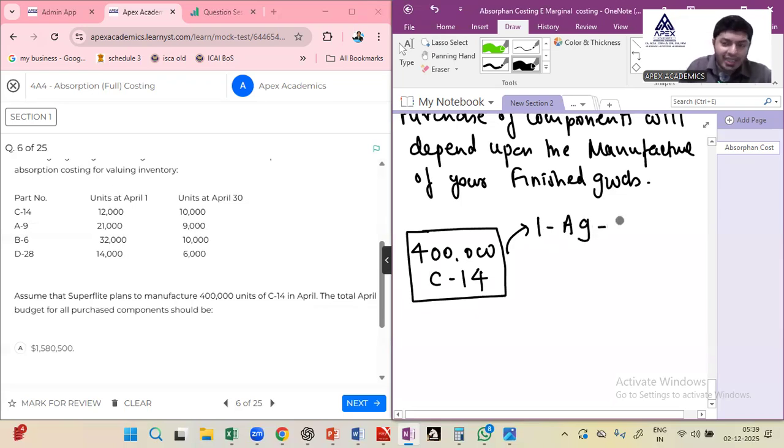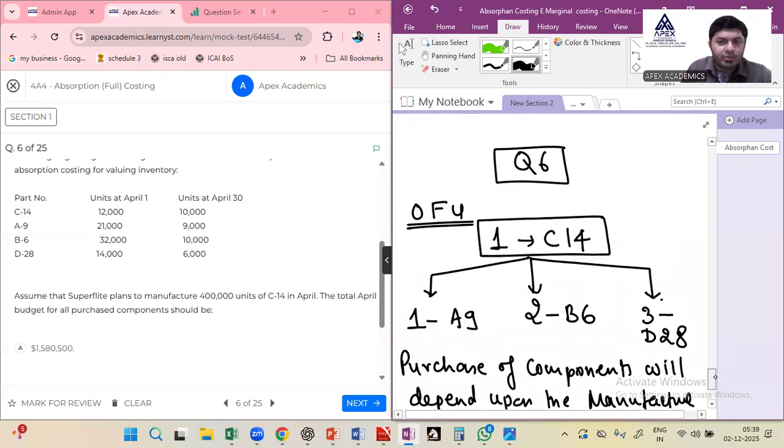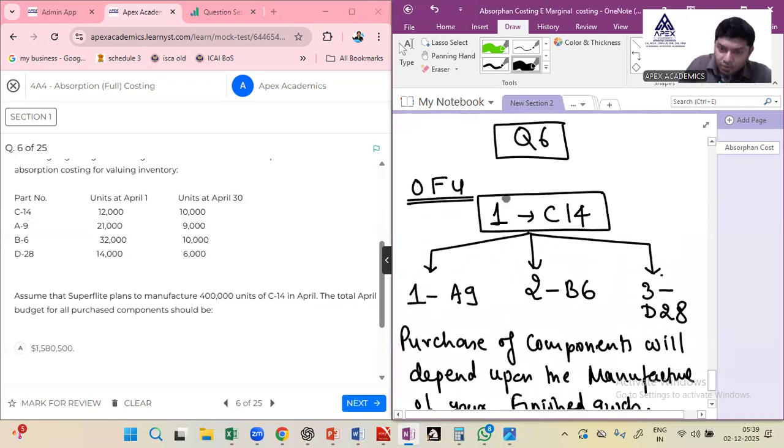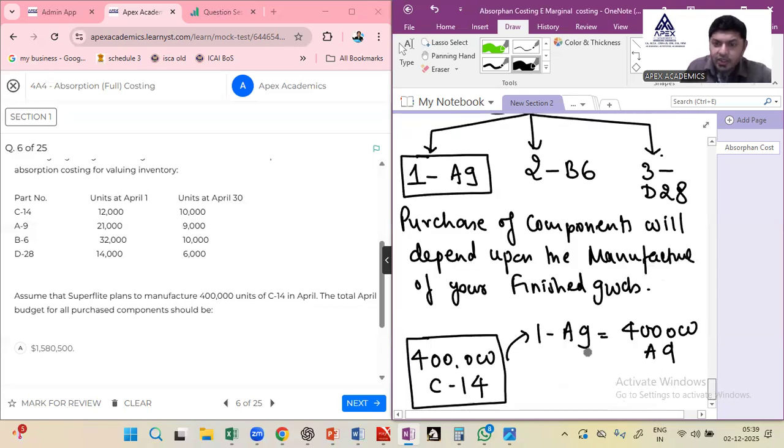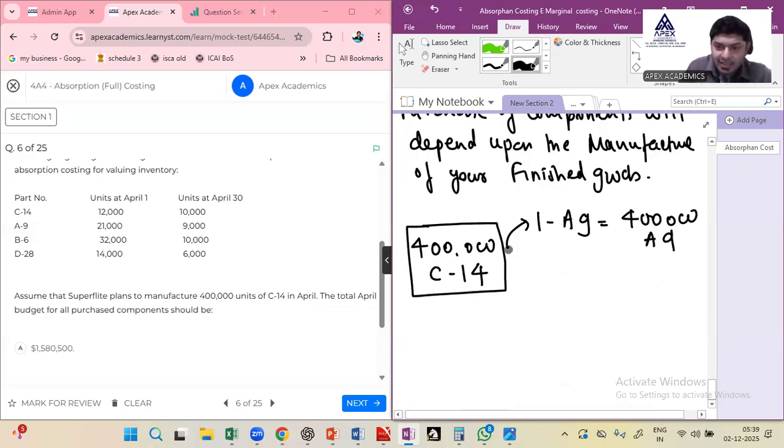So I need how many A9? I need 4 lakh units of A9. How do I know this? It is given clearly in the question that to make 1 C14, I need 1 unit of A9. So to make 4 lakh C14s, I will need 4 lakh A9s.